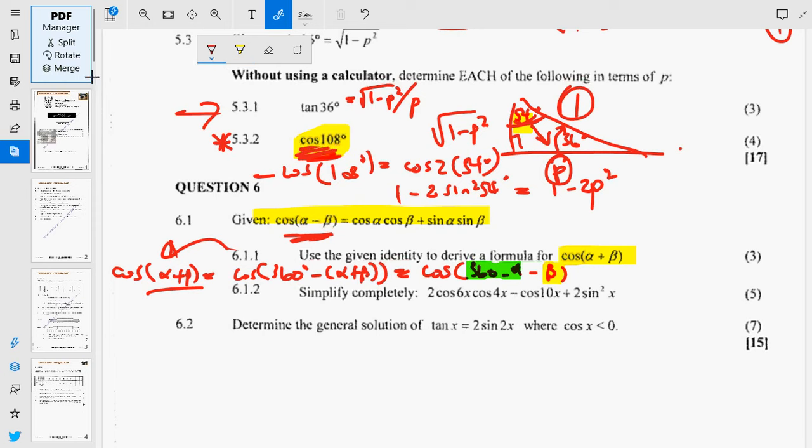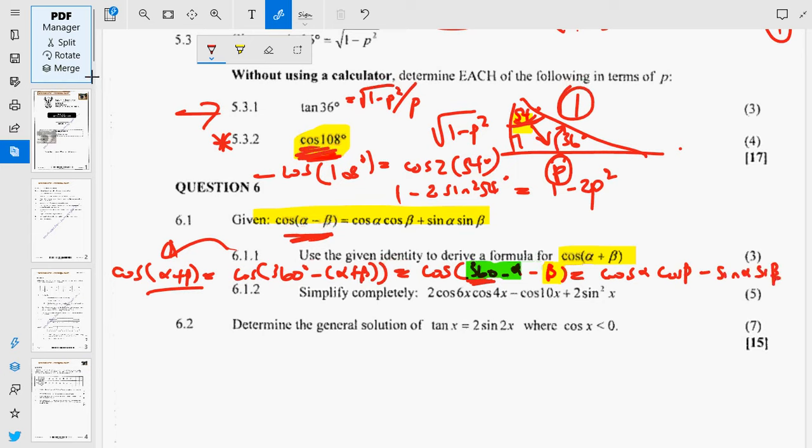And you'll be using your reduction formula, 360, to reduce 360 minus alpha. So there, if you do what I'm saying, you're going to get your normal formula, which is cos alpha times cos beta minus sine alpha sine beta.